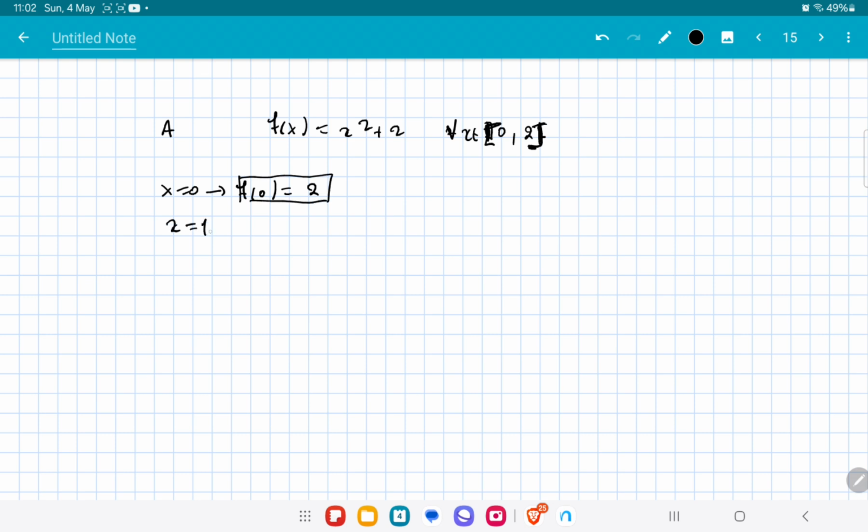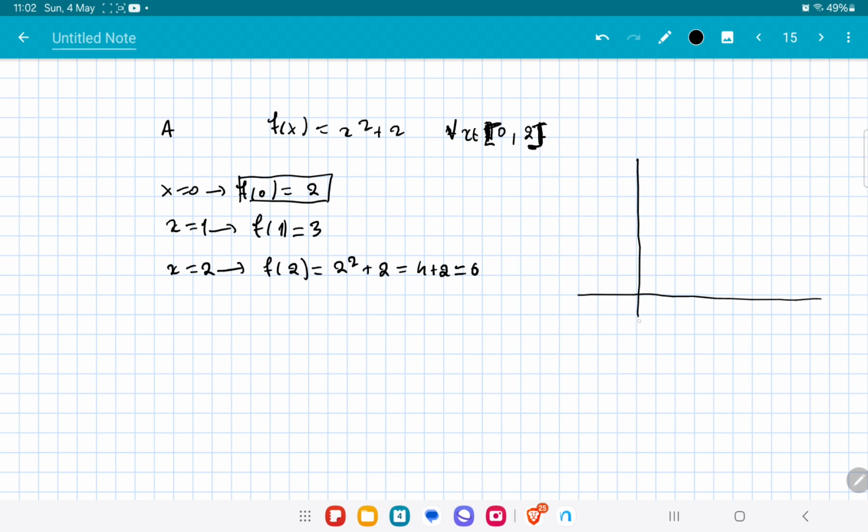For x equals 1, f of 1 is going to be 3. And for x equals 2, f of 2 is going to be 6. So our graph is going to look like this.